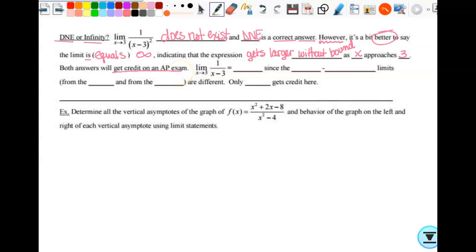It's a good question. The limit as x approaches 3 of 1 over x minus 3 does not exist since the one-sided limits from the left and from the right are different.